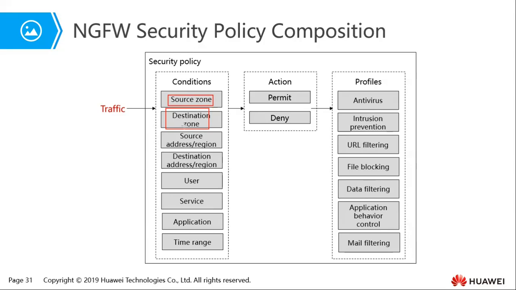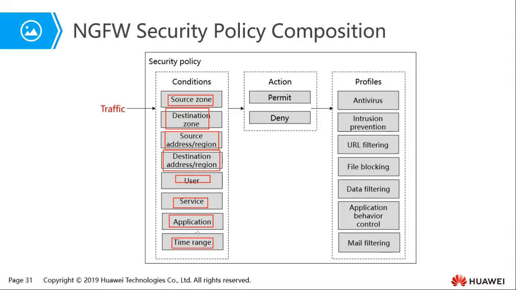Are you going to the untrust? So these are zones. Are you coming from DMZ? Are you going to DMZ? Other parameters are the source and destination IP addresses and regions, also the user. So who wants to access what? The service type, the application: is that particular application allowed? The time range: are you allowed to access that particular zone at that particular time?